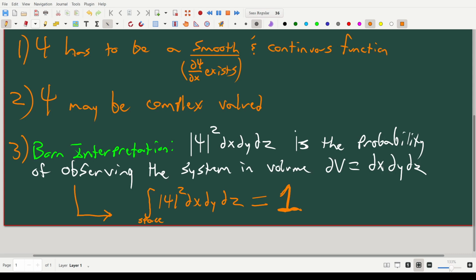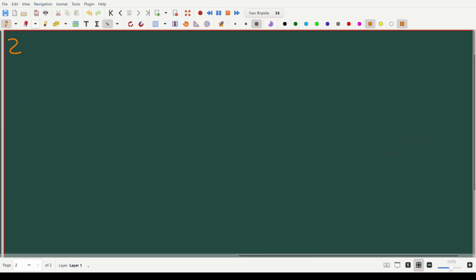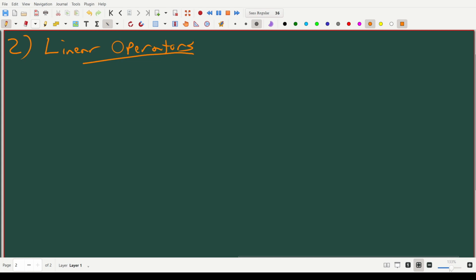Okay, so that was the first one. And the second one, we'll do a little shorter, was this idea of linear operators. Let's just remind ourselves what that means.